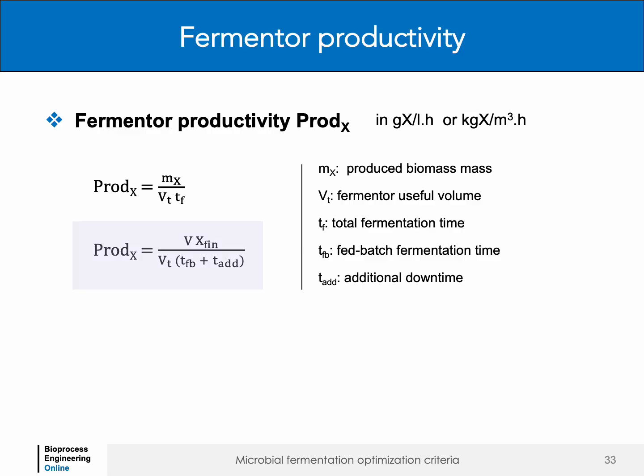The final biomass produced is equal to the final medium volume V multiplied by the final biomass concentration X fin. Accordingly, the volumetric productivity is calculated as Prod-X equals V times X fin divided by V times (TFB plus TAD). Productivity thus defined is a direct indicator of fermenter utilization efficiency.